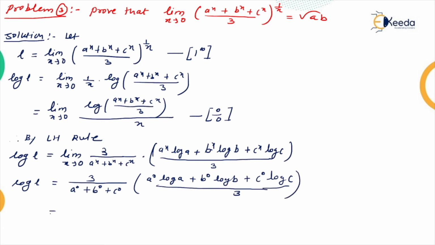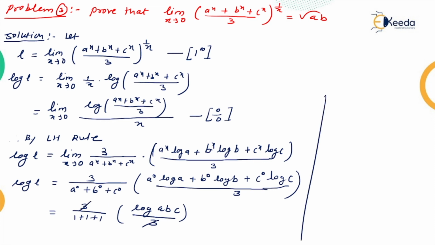So a^0, b^0, c^0 are each 1, and log a + log b + log c can be written as log of abc. The denominator becomes 3 upon 1 + 1 + 1, and inside the bracket log of abc, divided by 3. Now this 3 and this 3 get cancelled.